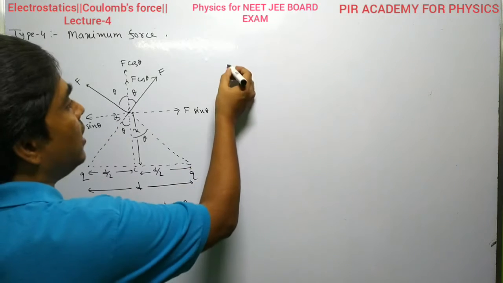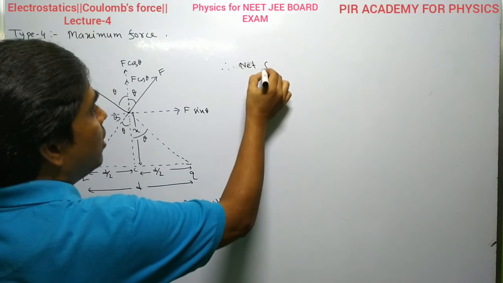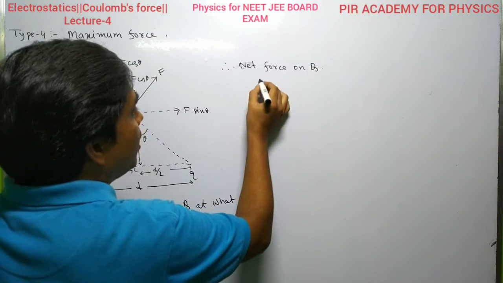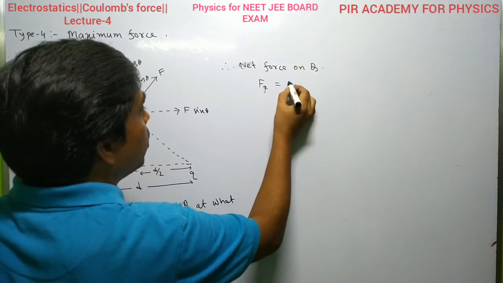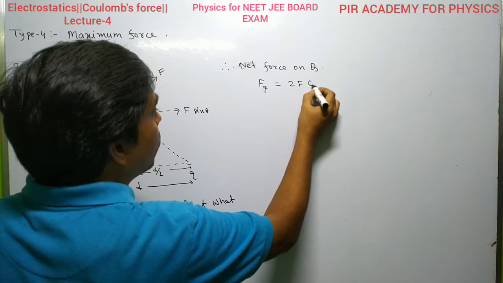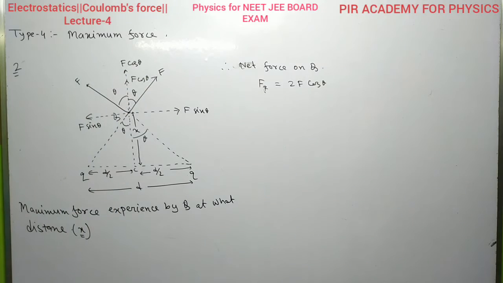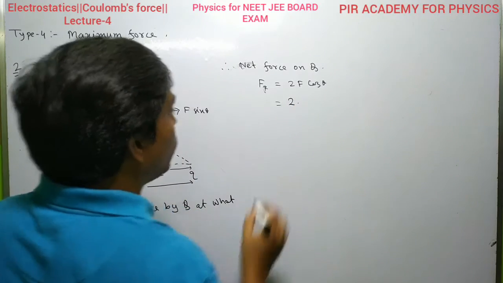Now the net force on q, the resultant F, will be 2F cos theta, because here is F cos theta and another is F cos theta. That means the total force is 2F cos theta.